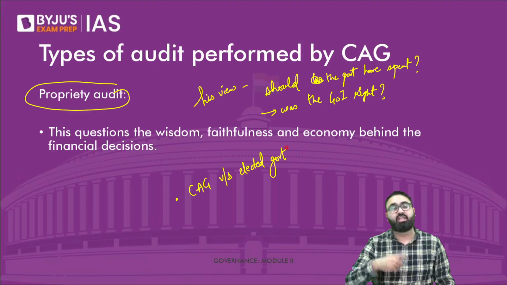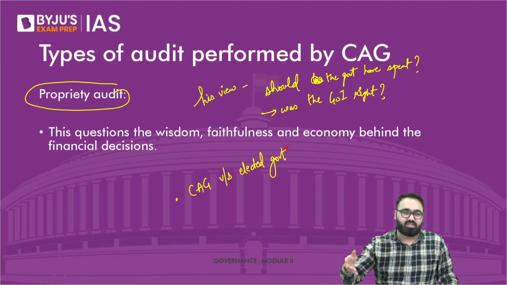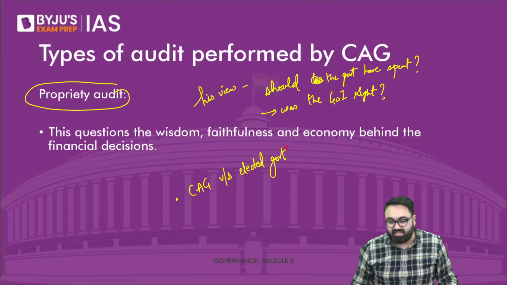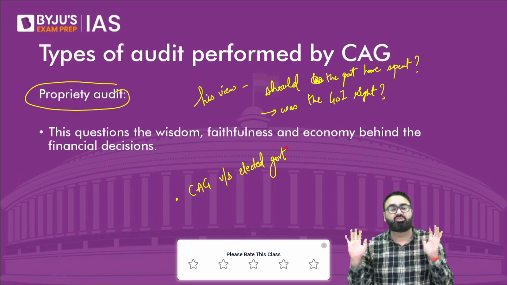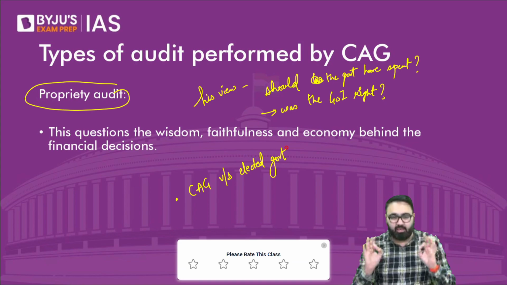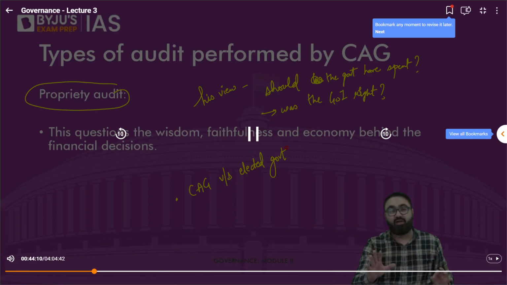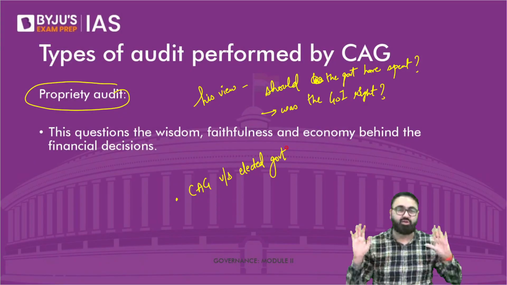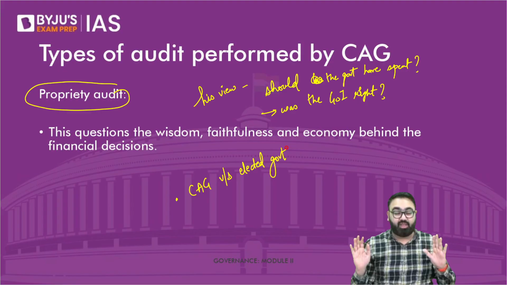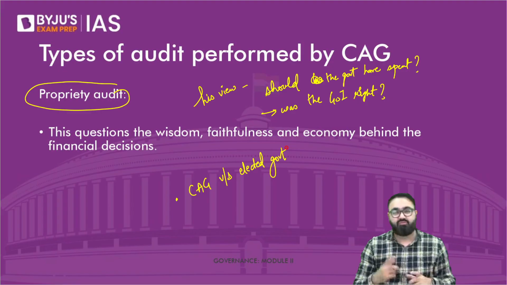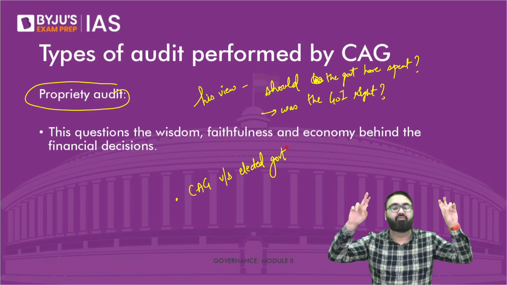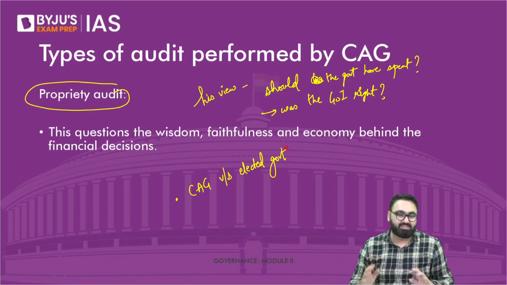CAG should not say, no, I don't like it, you could have done this or that. So many people say CAG should not give his or her views. Just see the numbers, see the bills, and if everything is legal, then don't say anything. If there is a problem with the numbers, if there's a fraud, then bring it to light. But don't give your views as such. This is what many people say.